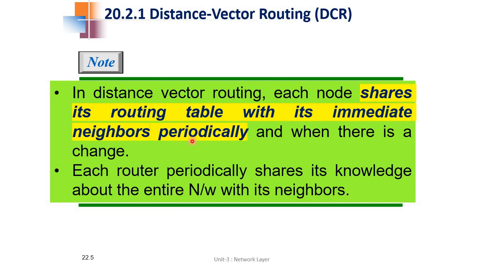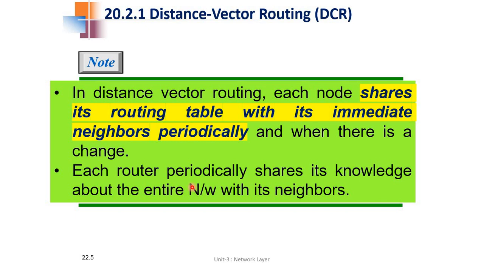This routing table information is shared with the nearby neighbors periodically. Why are we doing this periodic updating? So that when we transfer a packet from the source to the destination, we have complete information about the network and can choose the best route to transfer the data.